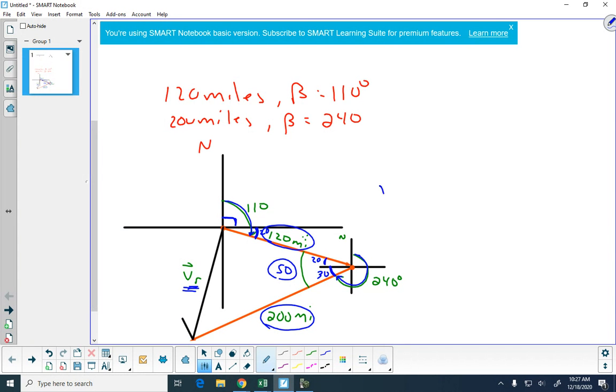So we should have VR squared is equal to 200 squared plus 120 squared minus 2 times 200 times 120 cosine of 50 degrees. And if you have the 200 and 120 switched around, that is fine.